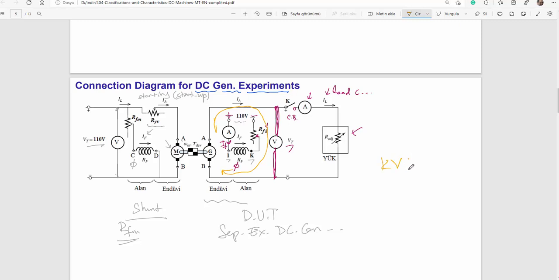Kirchhoff's voltage law around the yellow loop can be written as: induced electromotive force in the armature is equal to resistance of armature times armature current, plus terminal voltage. In case armature current is 0, induced EMF is equal to terminal voltage. So induced EMF can be directly observed from the terminals.